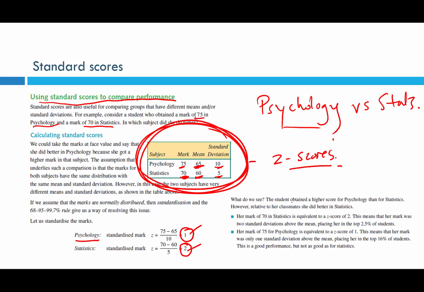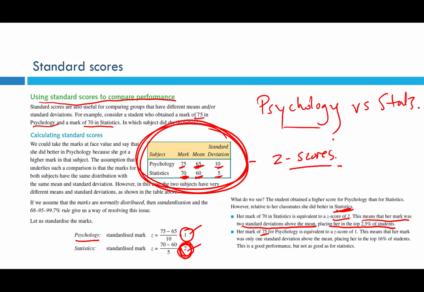What do we see? The student obtained a higher score for psychology than for statistics. However, relative to her classmates, she did better in statistics because the Z score is higher. Her mark of 70 in statistics is equivalent to a Z score of 2. This means that her mark was 2 standard deviations above the mean, placing her in the top 2.5% of students.